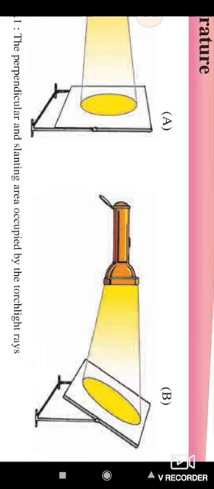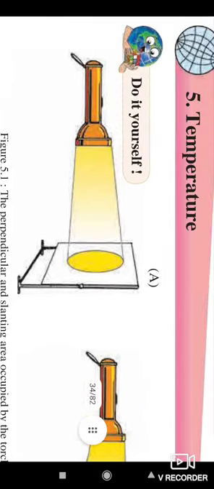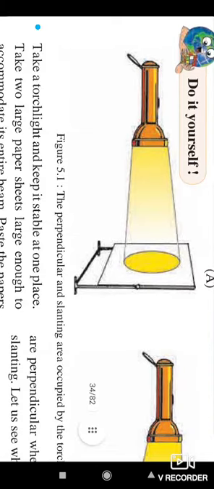It is slanted, so the light covers a larger area than that of picture A, where the light is perpendicular to the paper.